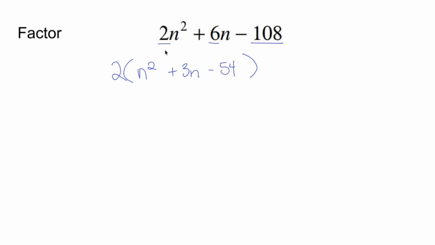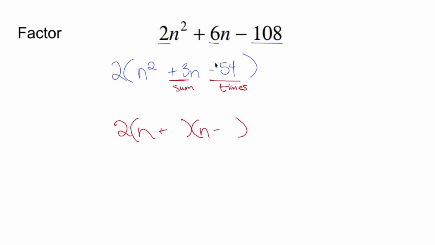Now I look at what's left over and I think, wait a minute. That's a quadratic and that's 3 terms. Maybe I can come up with two numbers that add up to 3 and multiply out to negative 54. Maybe I can make this look like this. And I can. If two numbers multiply out to a negative, one's got to be positive and one's got to be negative.